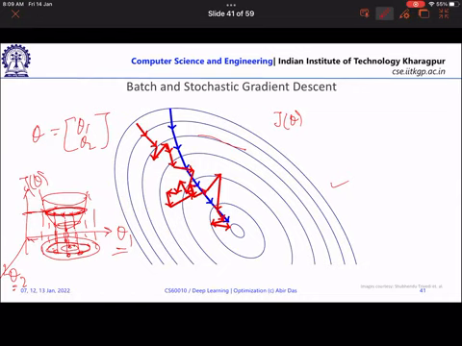Yeah, sir, I just wanted to ask: they are minimizing to the middle circle, right? What does the middle circle represent? Is that the most optimal solution? Actually, that's a good question. The most optimal point, or the minima, is actually a point inside that circle. You can think of it as somewhere here, very small.